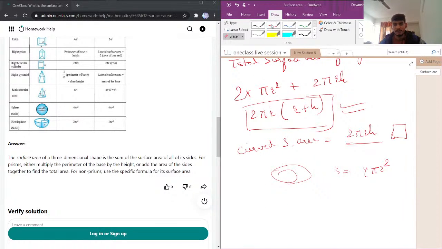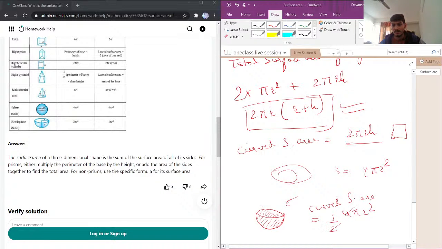So for a hemisphere, we have this half sphere part and we have this base part. In this case, the curved surface area will be equal to half of the total surface area of a sphere. We can just cancel this and we'll get 2 pi r square.